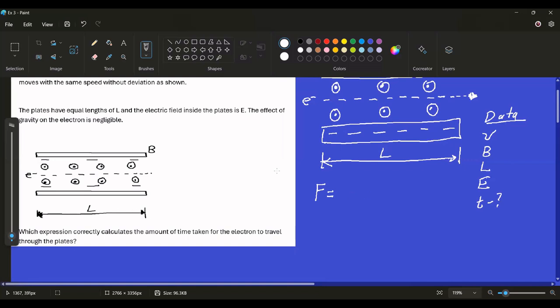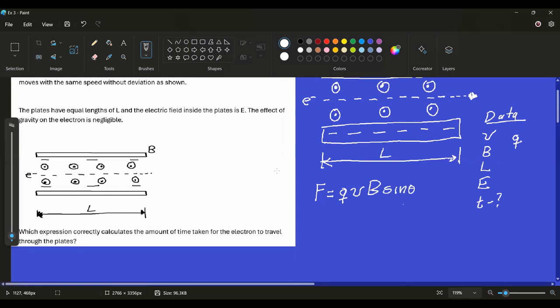It's an electron, so it has a negative charge. Correct, very good. So it has Q. We have an equation that relates Q, velocity, and B. You remember it? Can you say it? F equals Q V B sine theta.